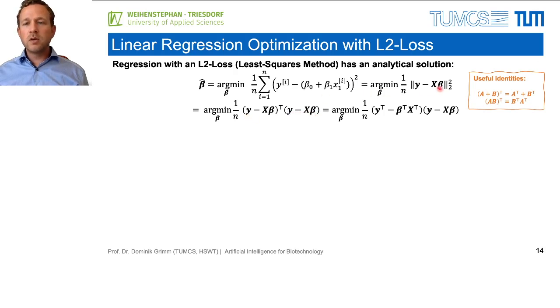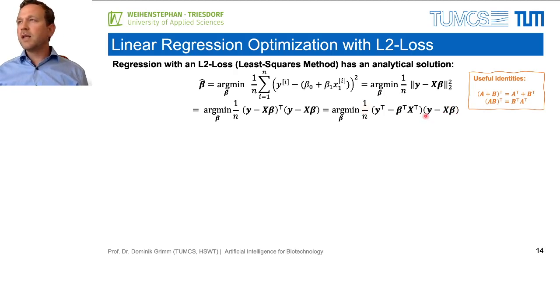Then we try to get this transposed into the parentheses, which we can do by following these identities. So that's then nothing else than (y transposed minus beta transposed times x transposed) times (y minus x times beta).